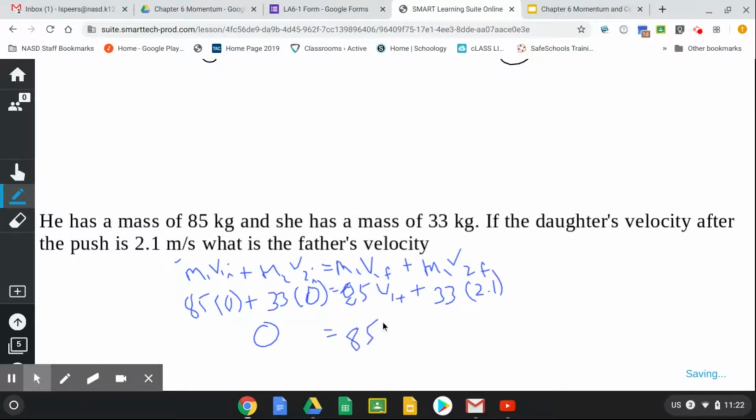That's still going to be 85 v1f plus 33 times 2.1, which is 69.3 of momentum.